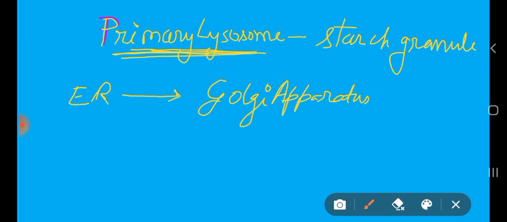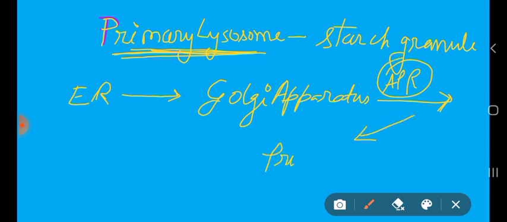An acid phosphatase reaction takes place on the enzymes which will be found in the primary lysosome. Okay, and then they will be transported to what we call the primary lysosomes.